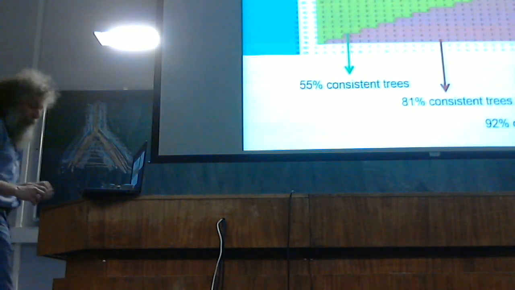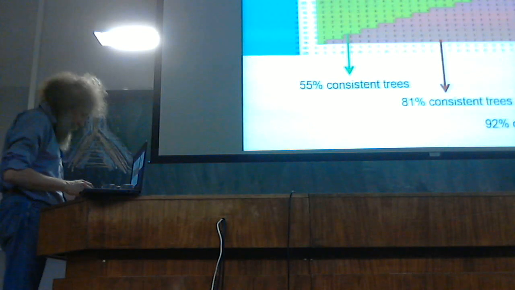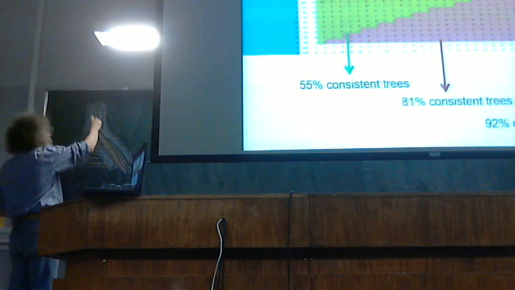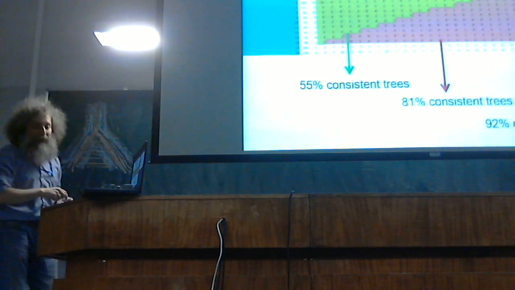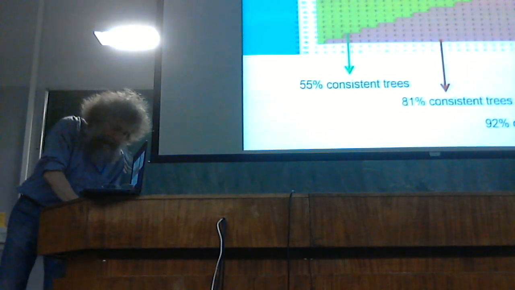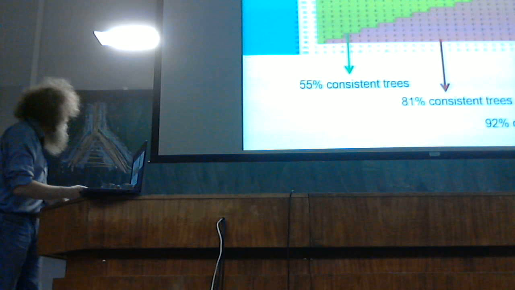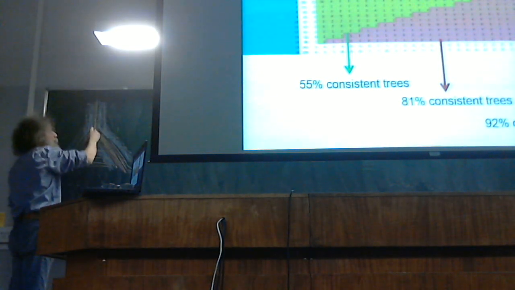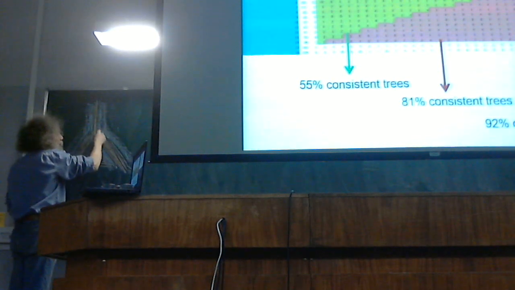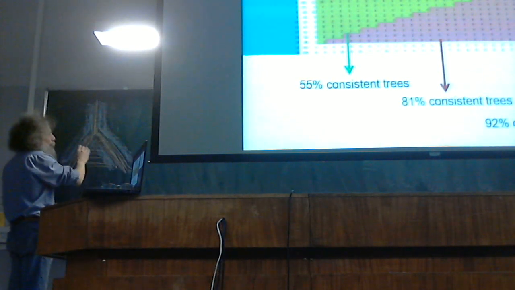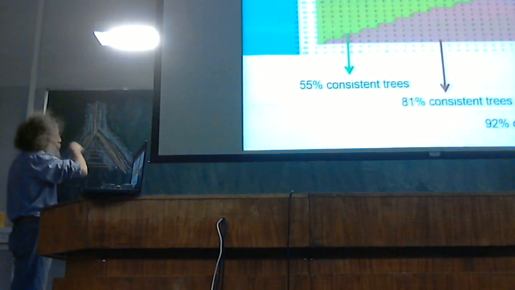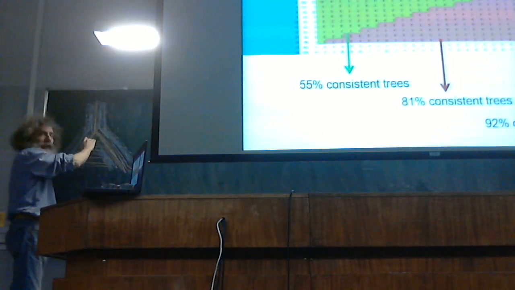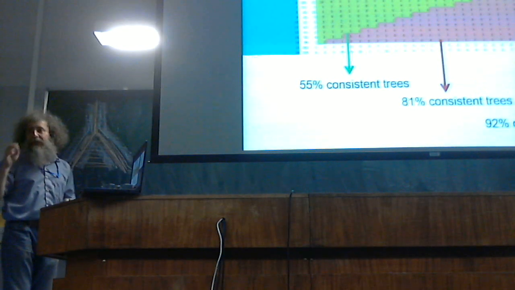If a gene is inherited vertically, some specific particular gene, it might belong to the periphery, it might belong to the core, but its tree would be consistent with the species tree.